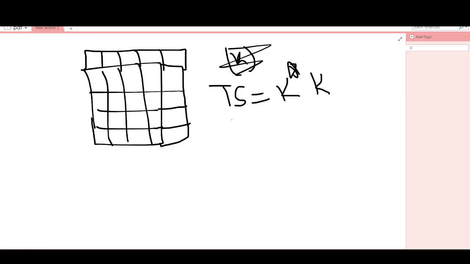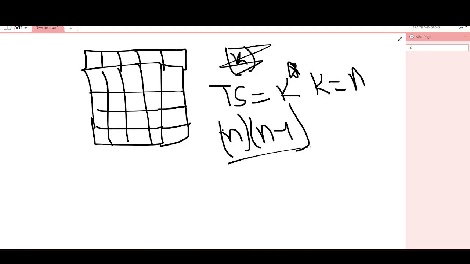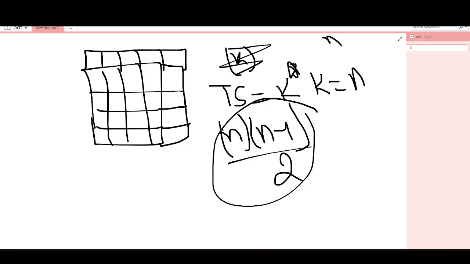Let me also rename it as n. So the total number of positions where I can place knights is n into n minus 1 by 2, or you can simply get this formula as nC2. Out of n choices, I am picking two to place the knights.